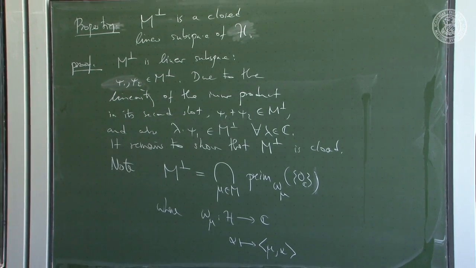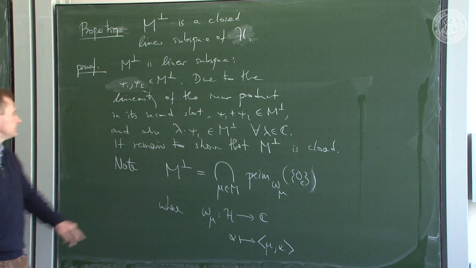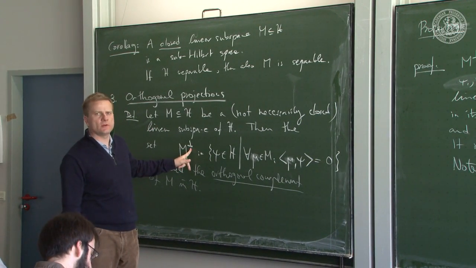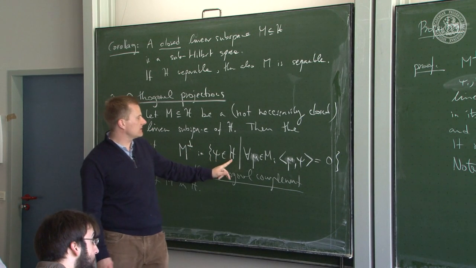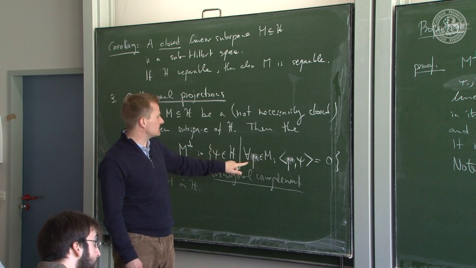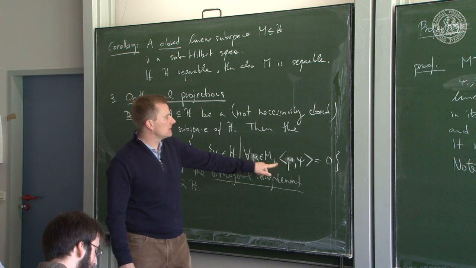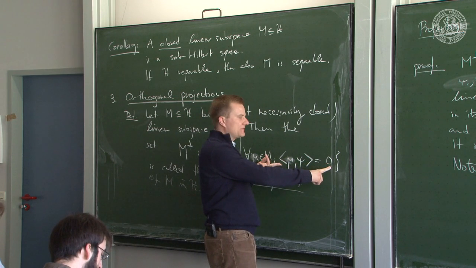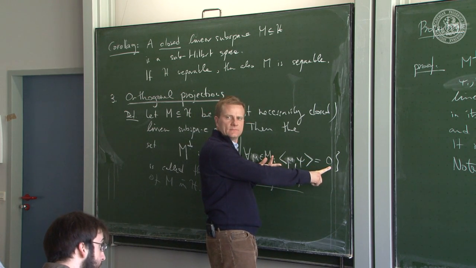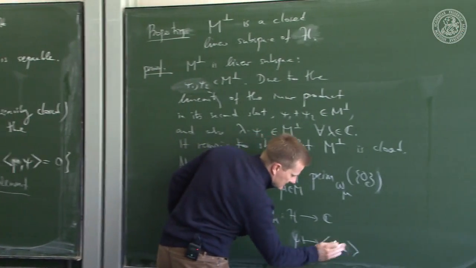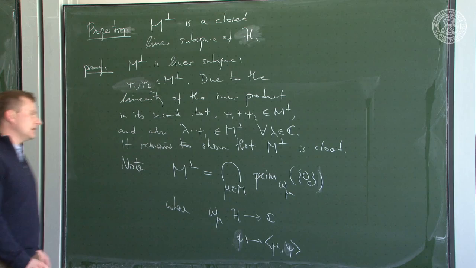So why is this true? Well, the M orthogonal, as you see from here, is each psi such that for all mu, this condition is satisfied. Well, this condition is that omega mu of psi is 0. Is that right? So maybe to make this clearer, instead of alpha, I call this psi.